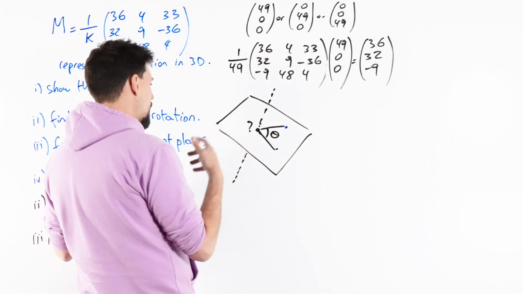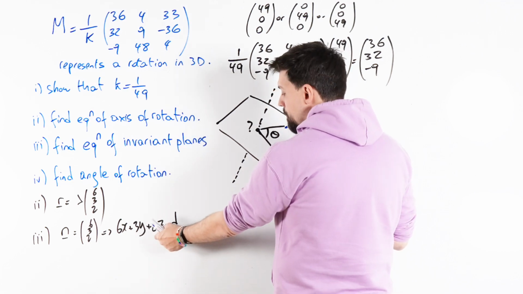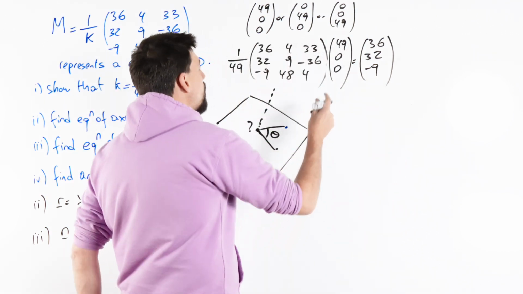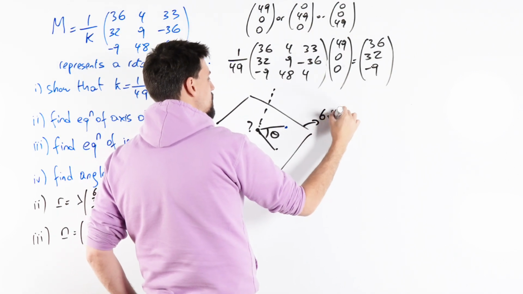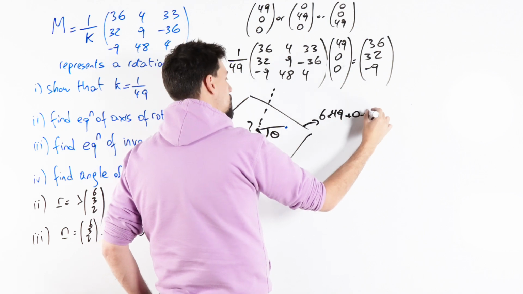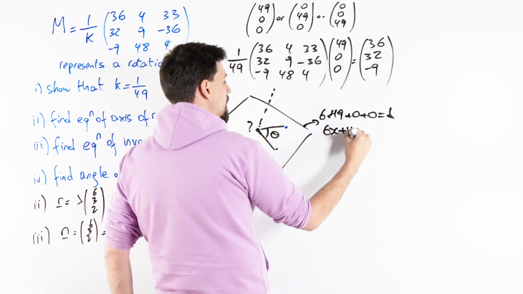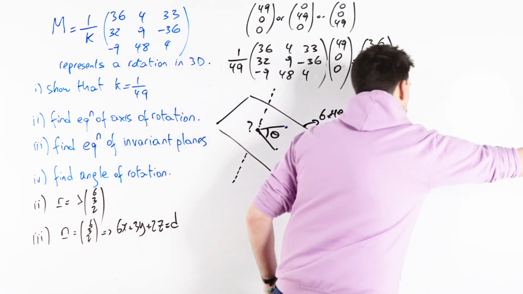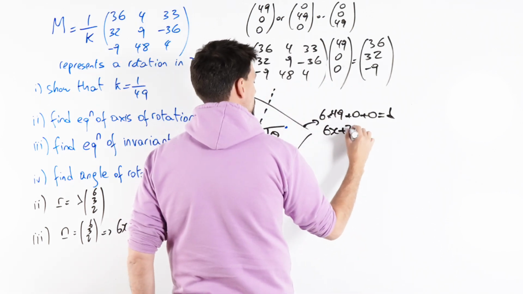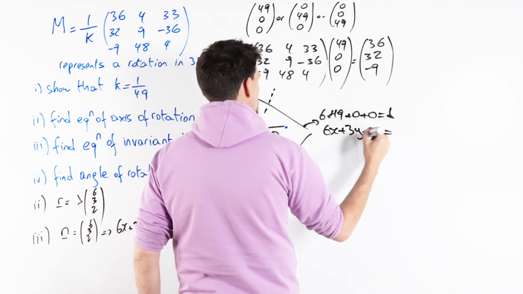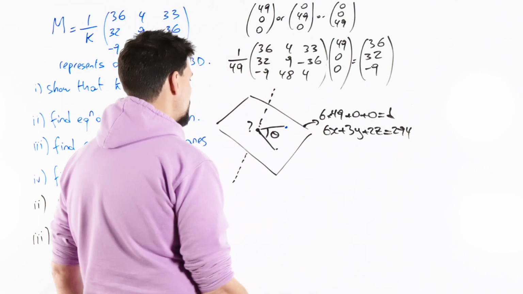So how should I find that? Well, we've just said that these planes will be of this form. Let's find the equation of this plane. It goes through the point (49, 0, 0), so that is 6 times 49 plus 0 equals d. So the plane is 6x + 3y + 2z = 6 times 49, which is 294.